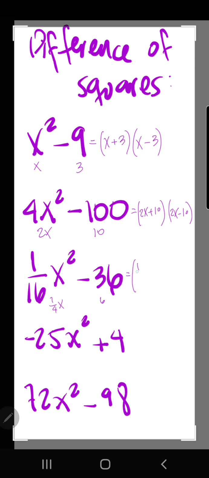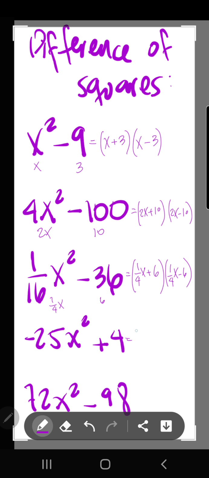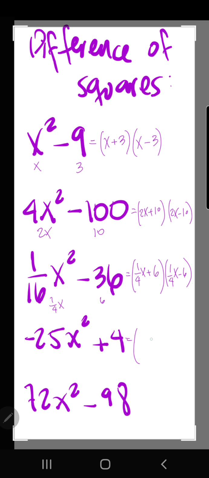So 1/4 of x plus 6 and 1/4 of x minus 6. And here, notice that the negative is in the first term, so the different signs will be with the first term. So you will have 5x plus 2 and negative 5x plus 2.